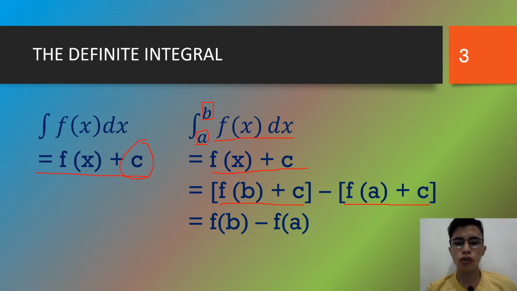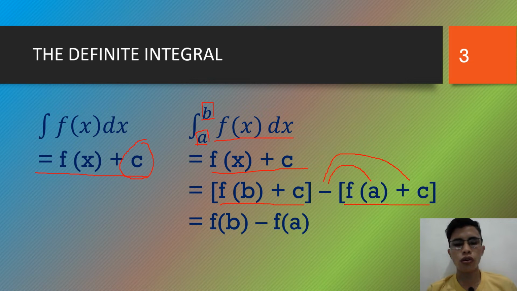So if we're going to distribute here, negative times F of a, magiging negative F of a, and negative times positive C will give us negative C. So positive C minus C will be equal to 0. So kaya nawala yung C pagdating sa definite integral.